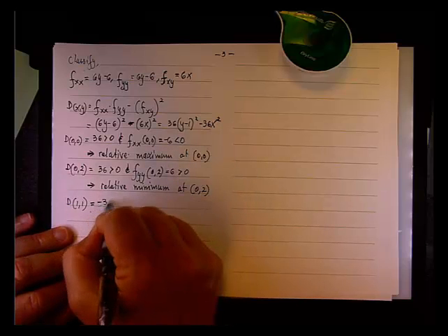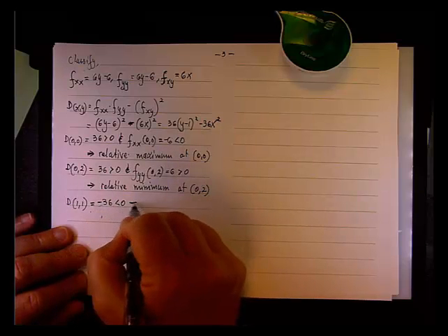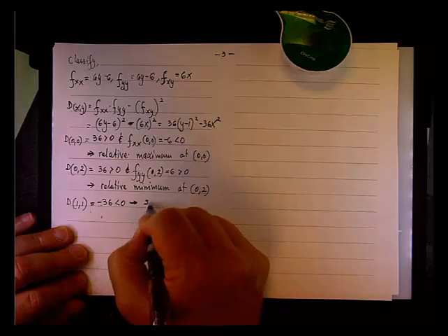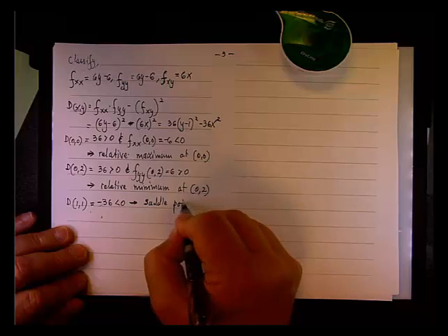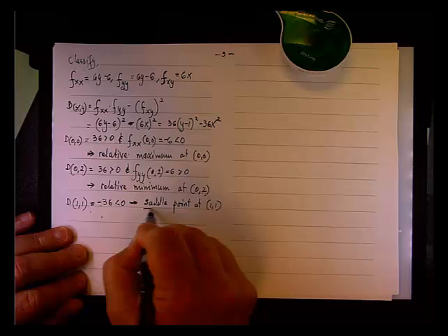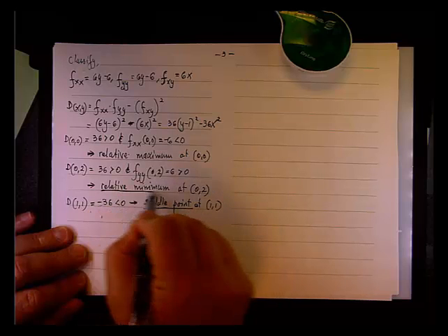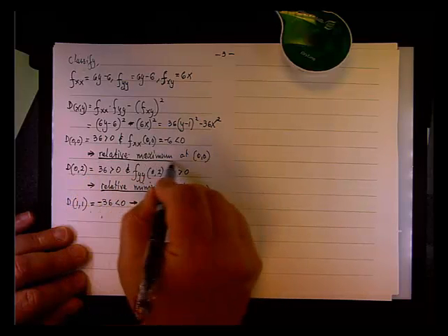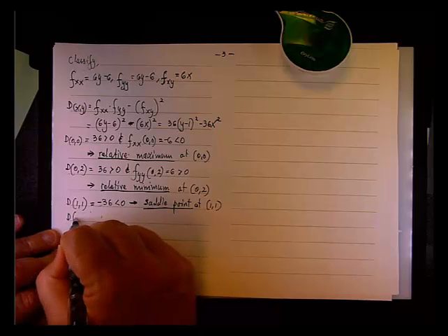All right. Next, let's check out what happened at 1, 1. Okay, the determinant will be 0 minus 36, so it's negative 36, and negative gives only one result, which is a saddle point.